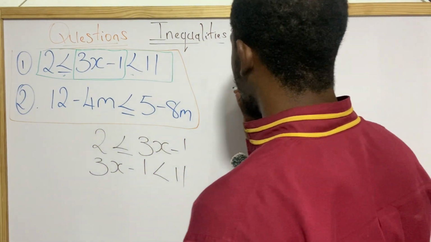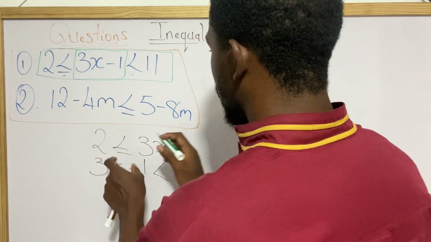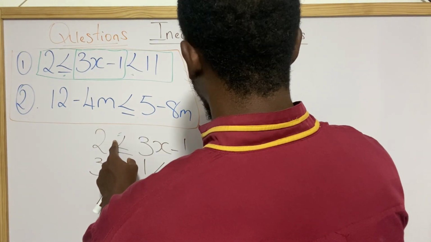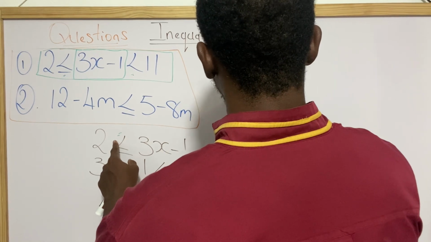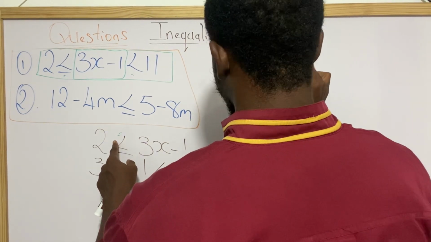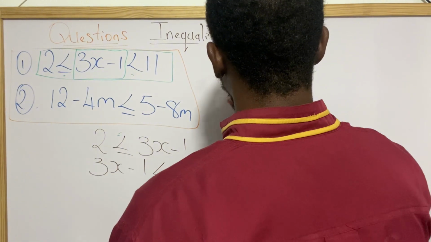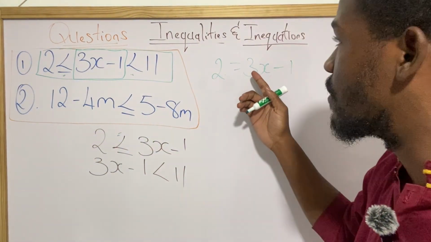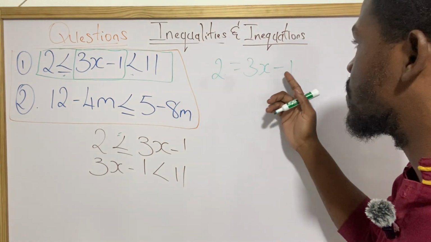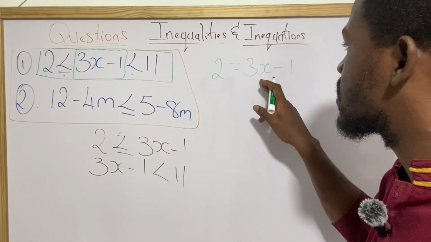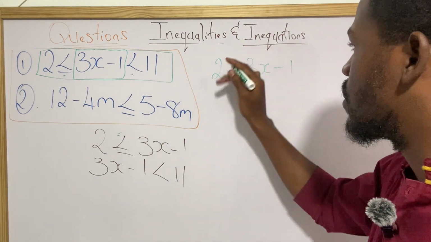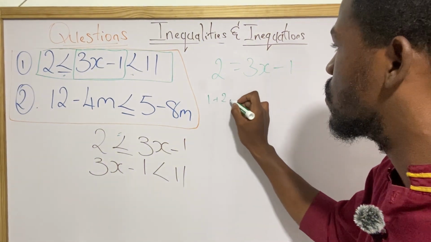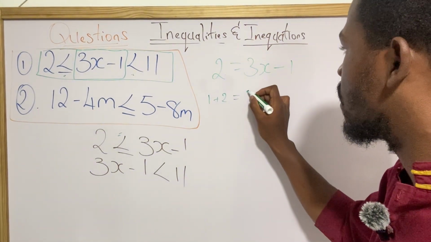If we had an equal sign there, we would have 2 equals 3x minus 1, and the idea is that we're solving for x. We would bring the 1 over, removing it from here, and we would have 1 plus 2 equals 3x.